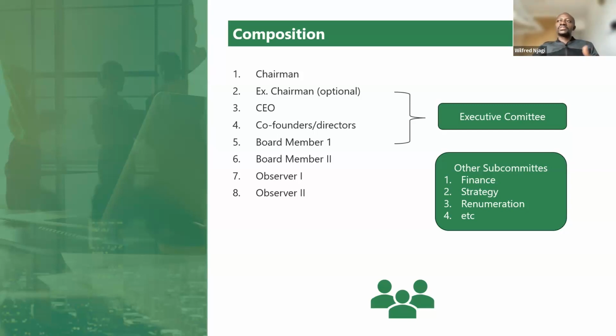An observer means that you are invited to the board, but typically you don't have more of a vote in that board meeting. You're more of an observer. You can comment and your comments will be noted. But when it comes to voting, you really are not voting in that meeting, but you're observing the meeting, you're taking note of what's happening, and you're able to participate.